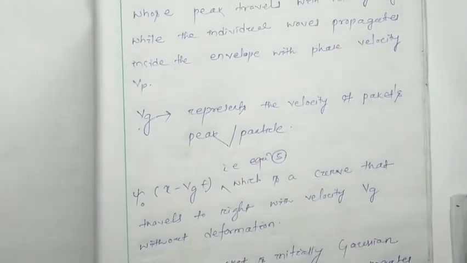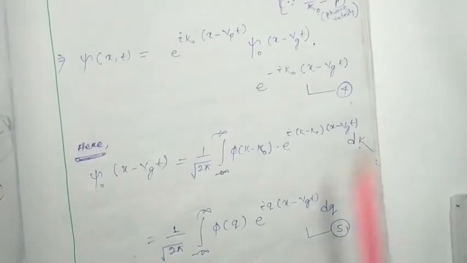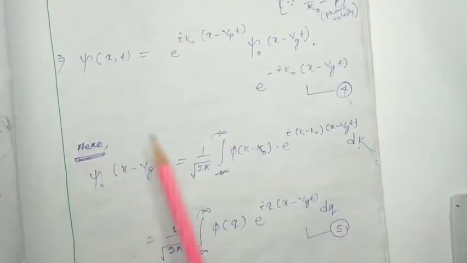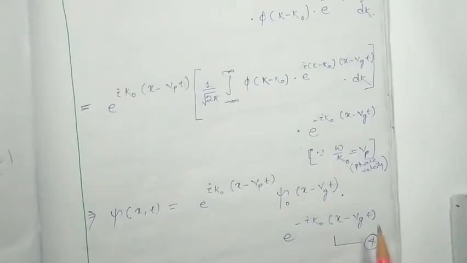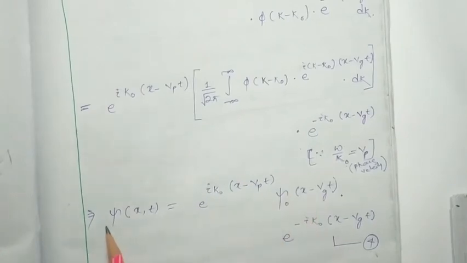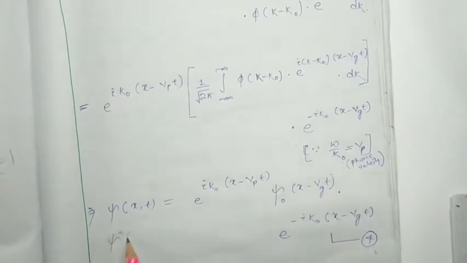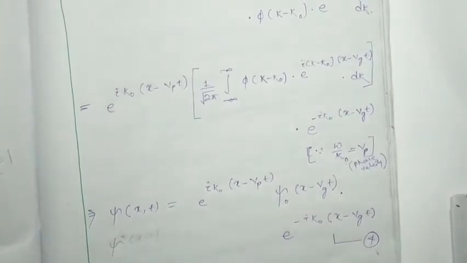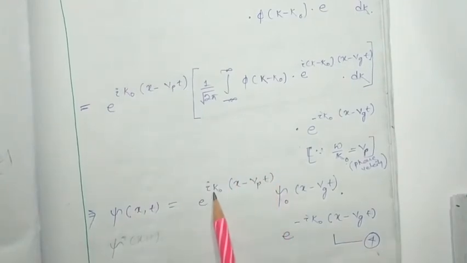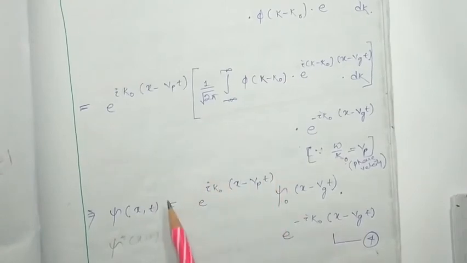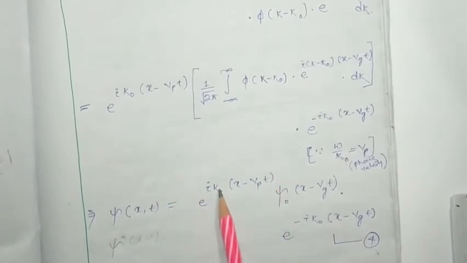Then from equation number 4, if we take psi(x,t) into psi star(x,t), how much are we going to get? Just watch it. This is e to the power i something, and its complex conjugate will be minus i k0 times this much.